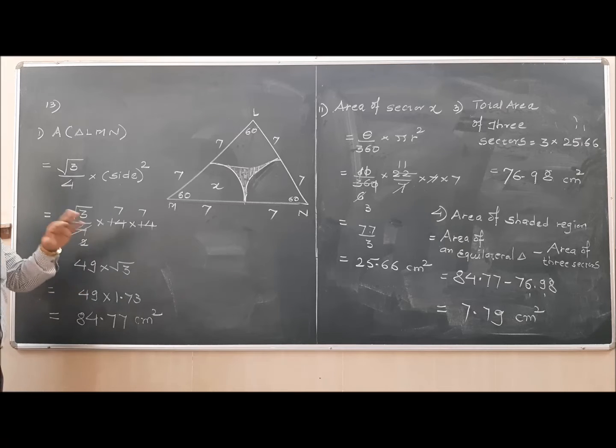To get the area of an equilateral triangle, I use the formula root 3 upon 4 side square. Then I obtain it as 49 into root 3. I have taken the value of root 3 conveniently as 1.73. But if you take it as 1.732, then you get a slightly different answer.